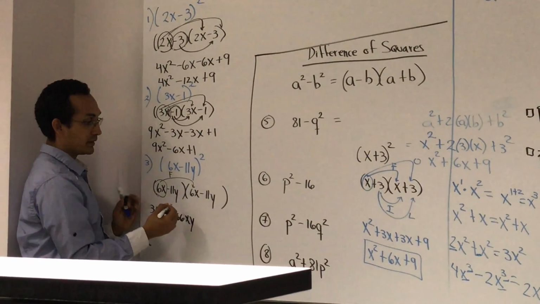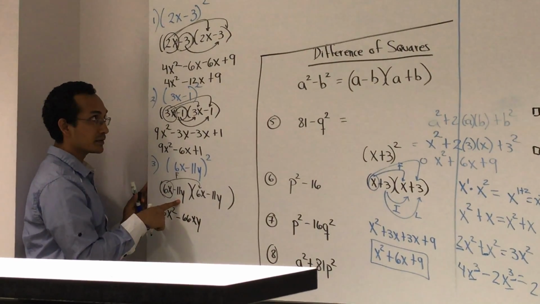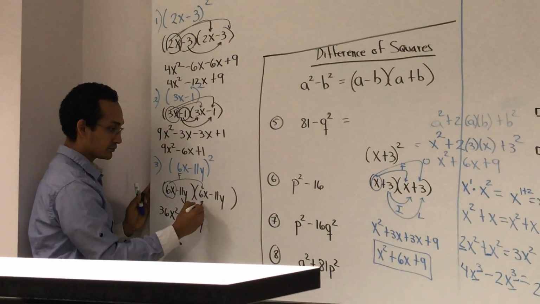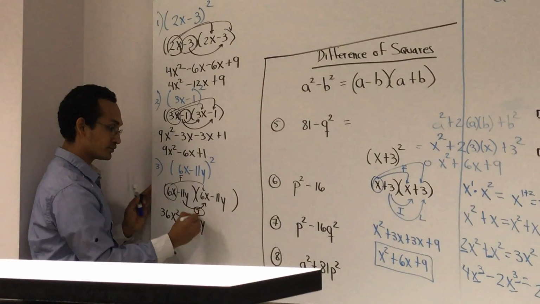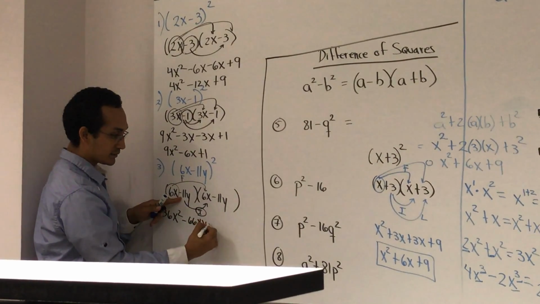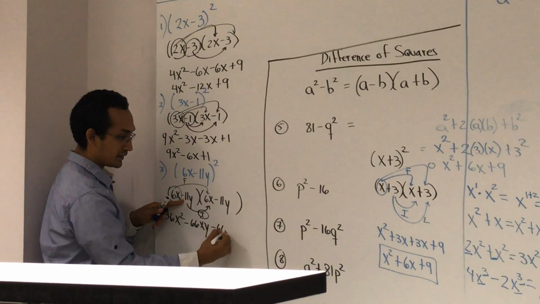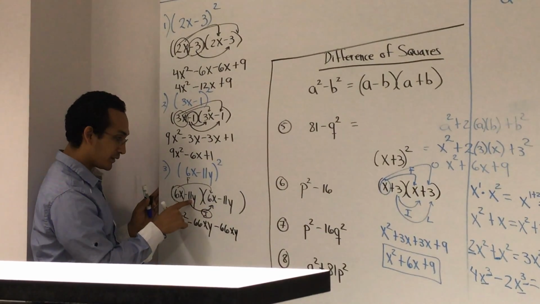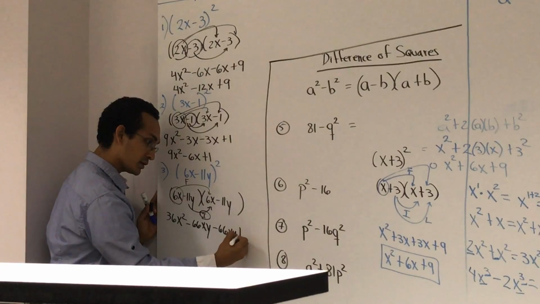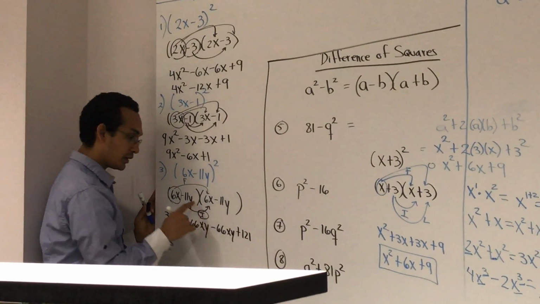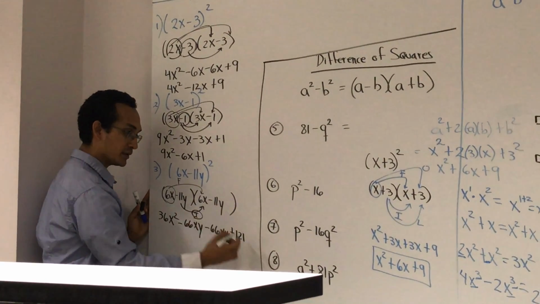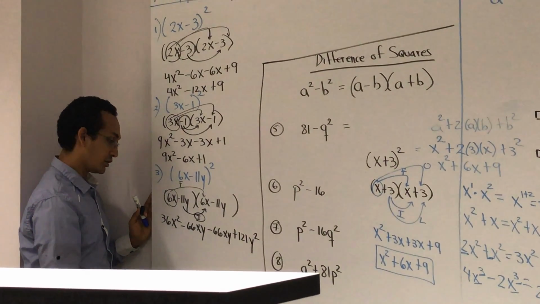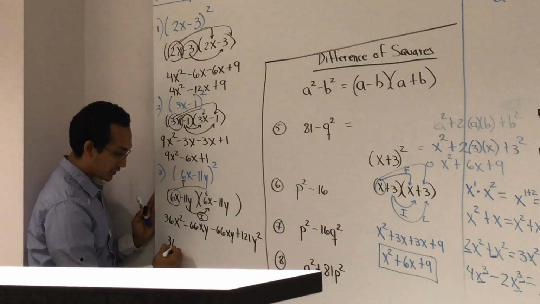Now you're doing the first, outer, inner, right? Inner. Negative 11 times 6, negative 66xy, right? And the negative 11 times negative 11, positive 121, y times y is y squared. So this is a little longer, but still can be done.